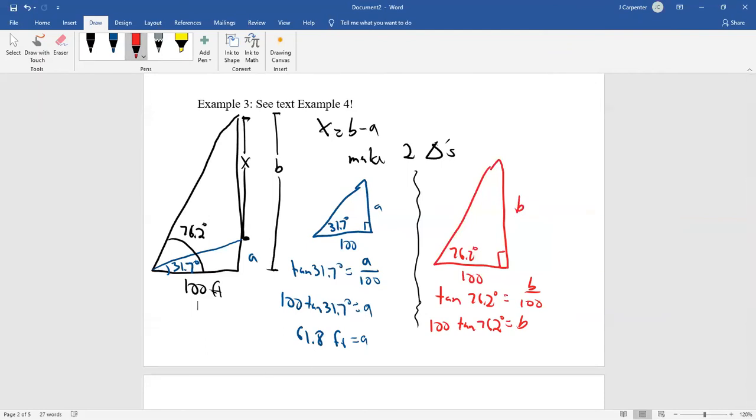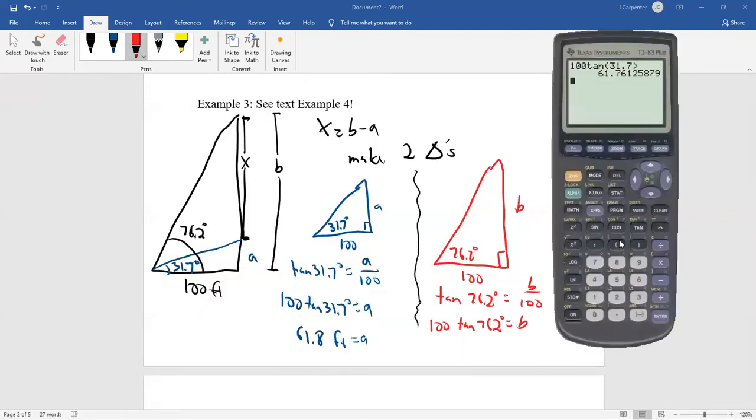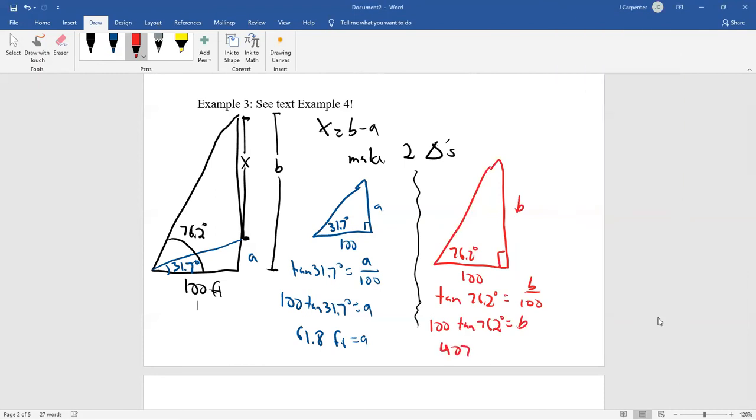So we'll do 100 tangent of 76.2, and we get 407.1 feet. That is how high we were after that 1 more minute.